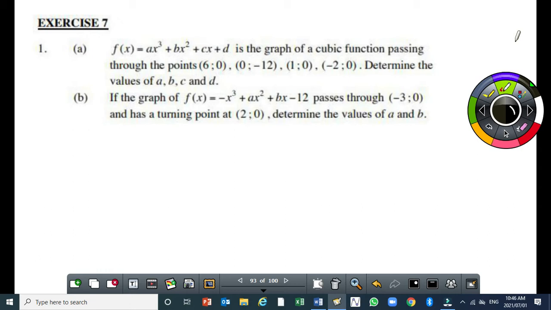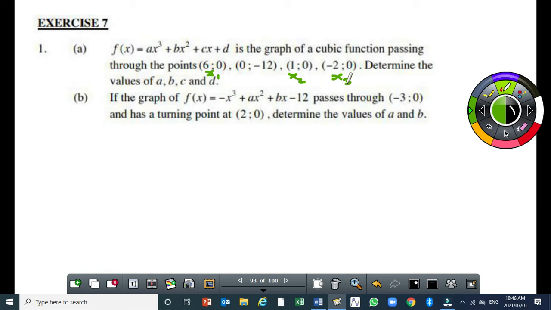X is 1, y is 0, another x-intercept. X is minus 2 and y is 0, a third x-intercept. So here, this will be x1, that will be x2, and that will be x3. This minus 12 is the y-intercept.